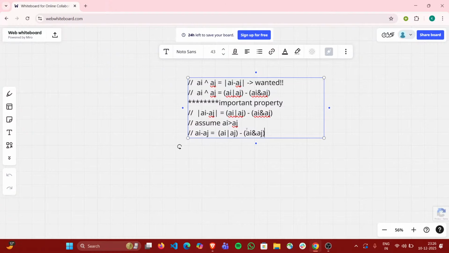So you have to be aware of the properties of bitwise operators for this question. If you are not aware of these properties, you can study them from GFG or any resource. You can also ask me in the chat. And yeah, this is more or less it.